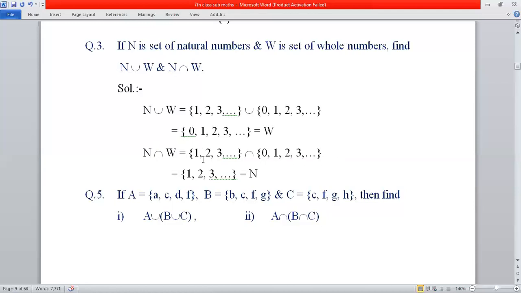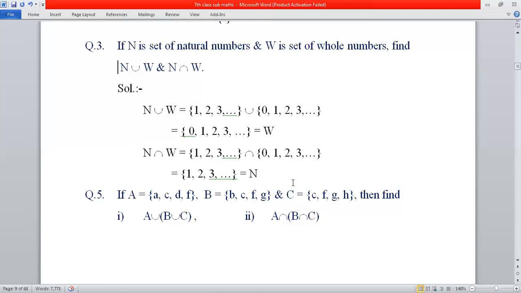So what is common? All the numbers are common except 0. So the answer is 1, 2, 3 and so on. You can say that the intersection of natural numbers and whole numbers is equal to natural numbers.